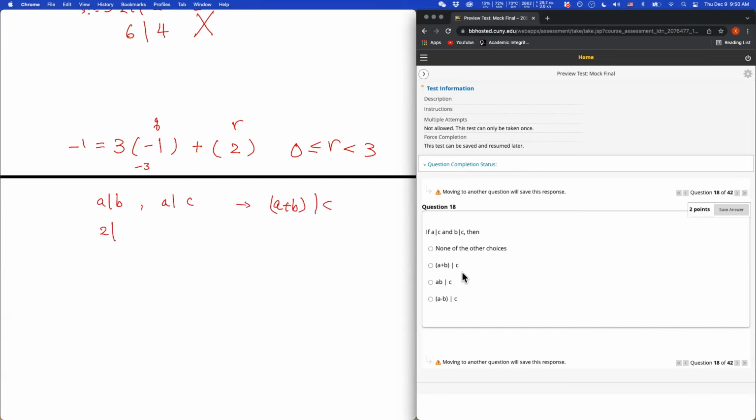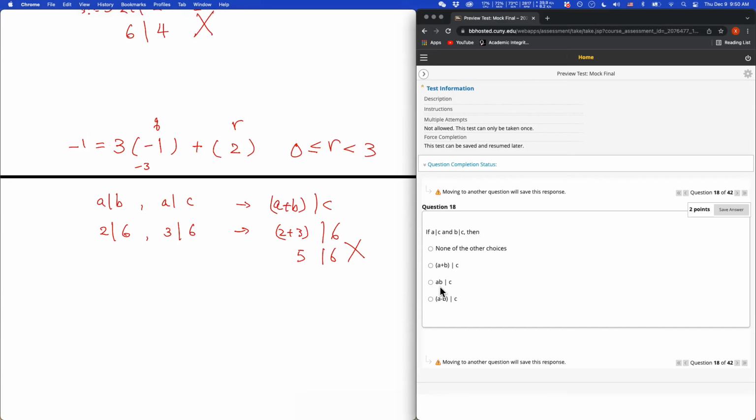So let's show we can have 2 divides 6, and we can have 3 divides 6. When we do 2 plus 3 divides 6, we have 5 divides 6, which is false. So this is false.